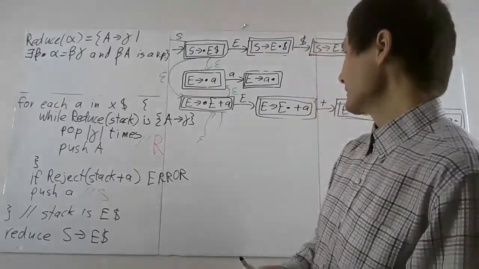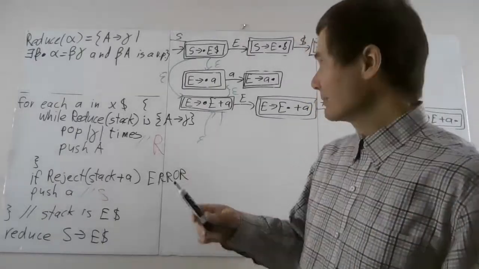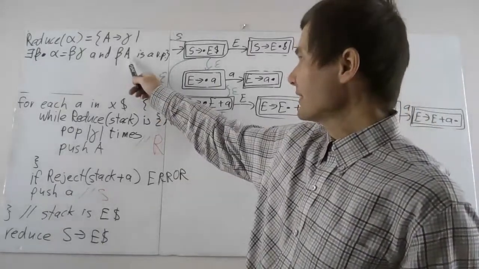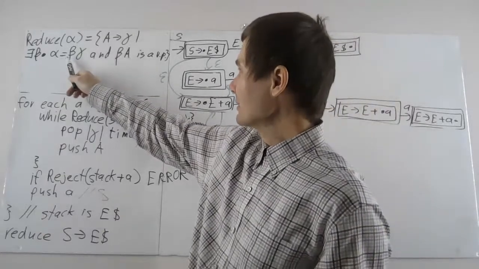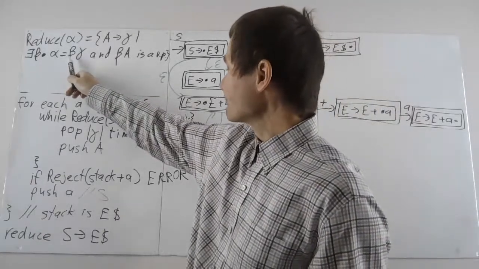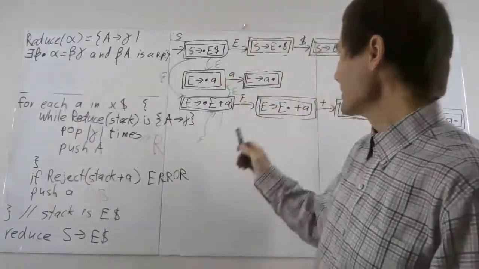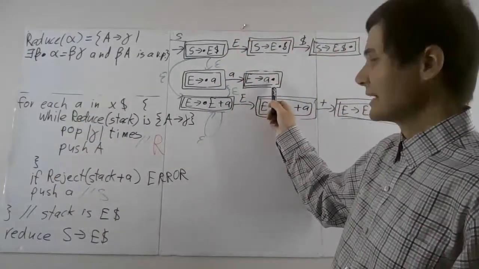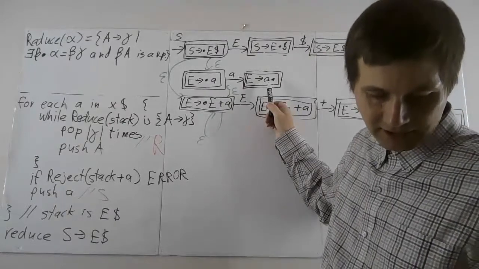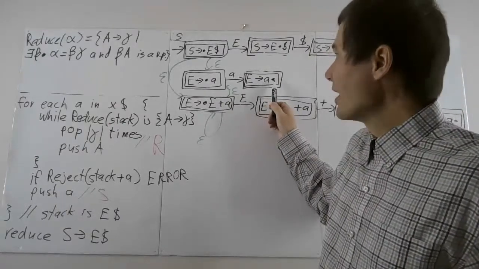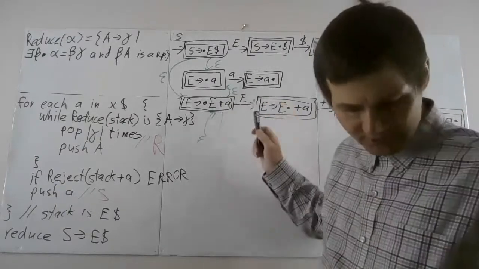Well, the answer is that beta A is a viable prefix if running the NFA on beta gamma leads me to one of these states that has a dot at the end. Okay, but it's not totally obvious why that is the case.